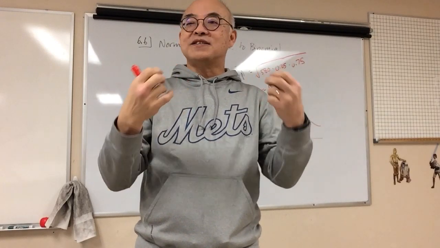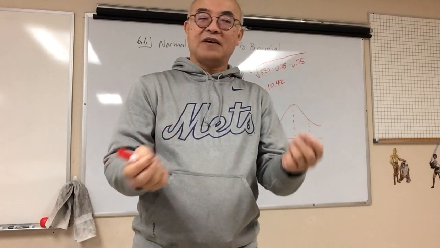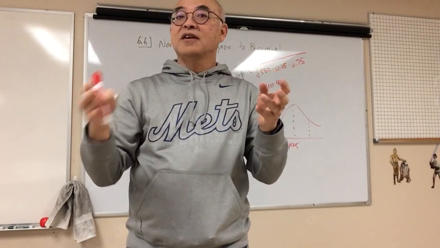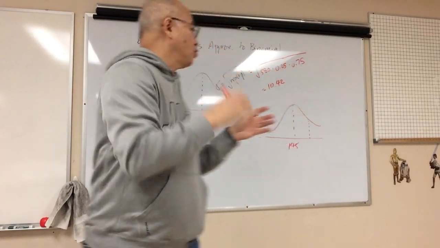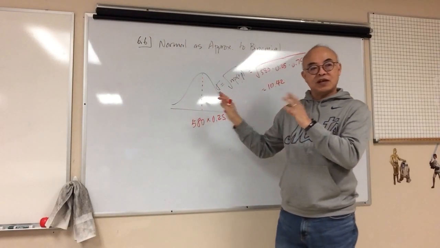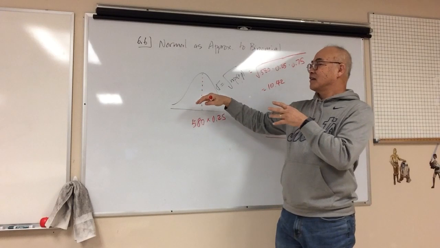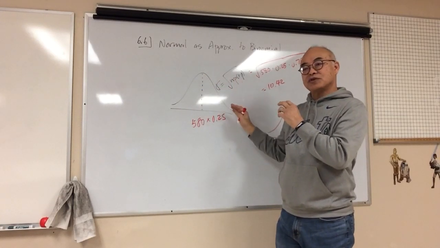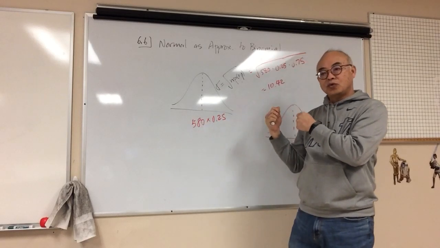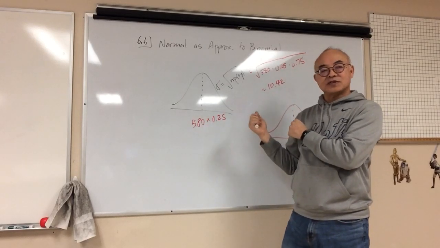They are discrete, not continuous. A normal distribution is continuous, correct? And we're going to say that this binomial distribution is a normal distribution. So we're going from a discrete distribution to a continuous distribution.